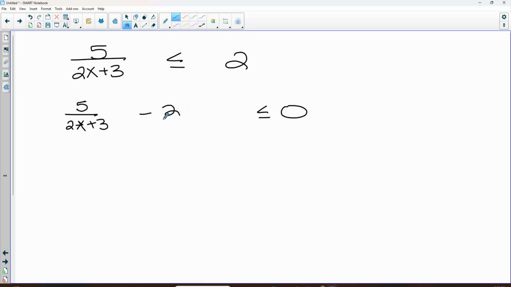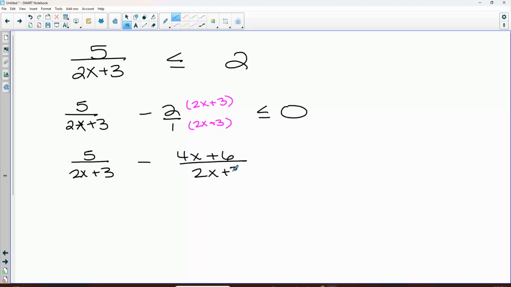This is like 2 over 1. I'm wanting a single fraction, so we need a common denominator. So I have to multiply this by 2x plus 3 on top and bottom. So 5 over 2x plus 3 minus, over here, that would be a 4x plus 6 over 2x plus 3.